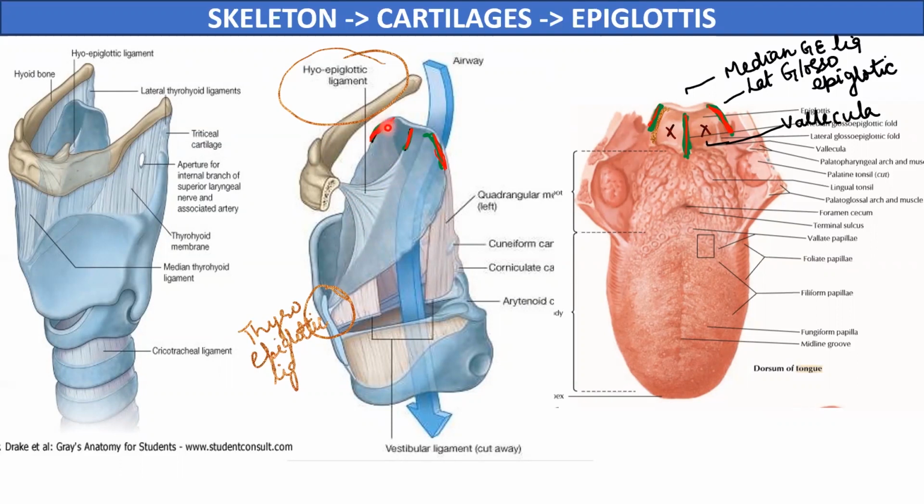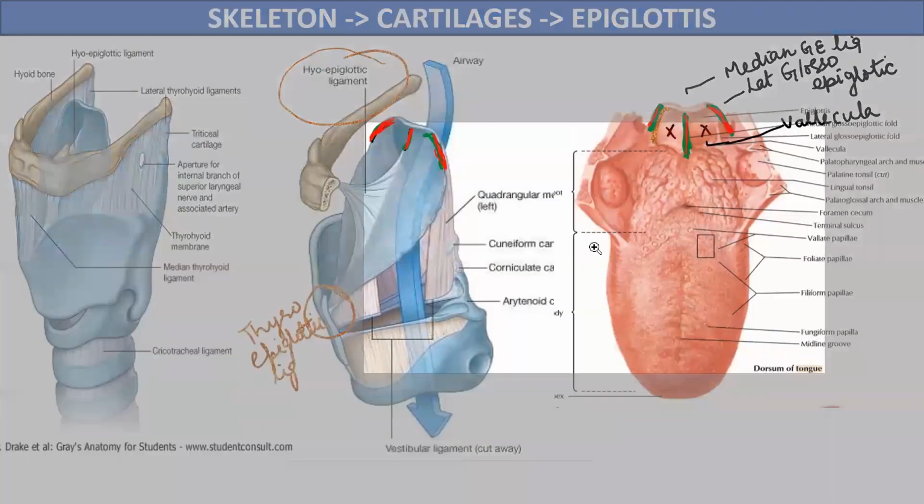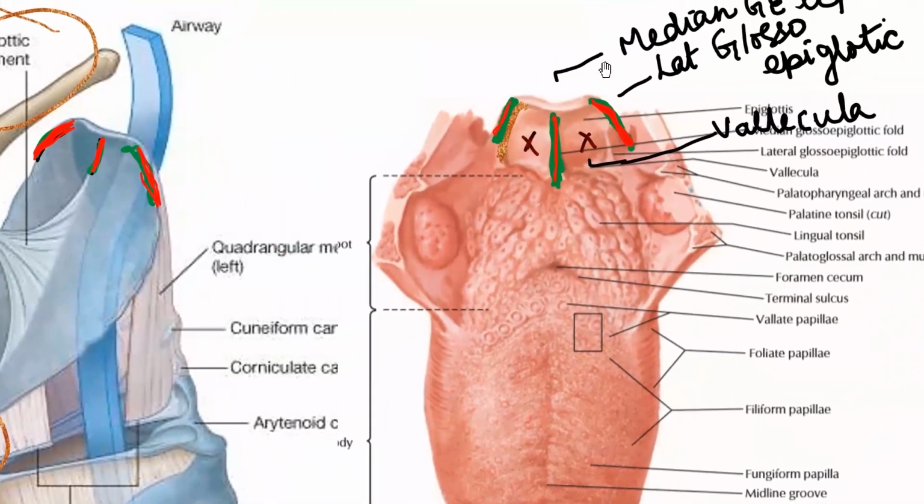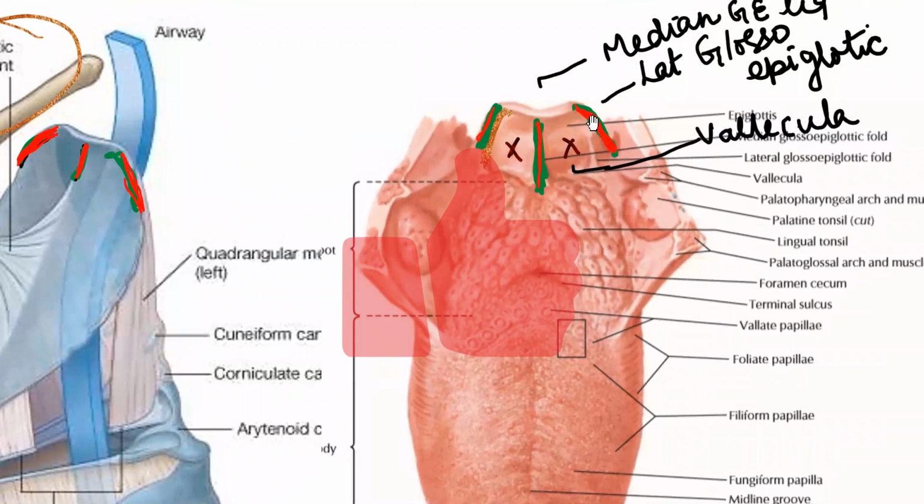and near the upper border on the lateral margins, the epiglottis is also attached to the tongue by the glossoepiglottic ligament, as we see in the second diagram, third diagram. So here we can see the posterior one third of the tongue, and this is the epiglottis, and the epiglottis is attached to the root of the tongue by a median glossoepiglottic ligament in the center and two lateral glossoepiglottic ligaments.